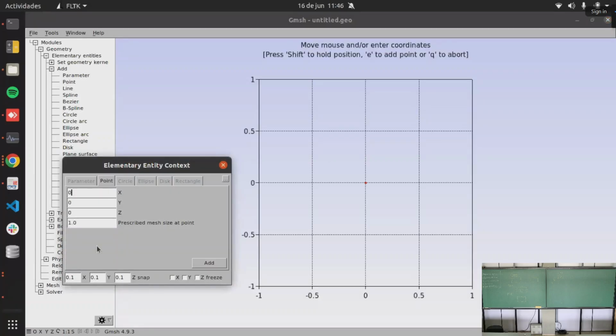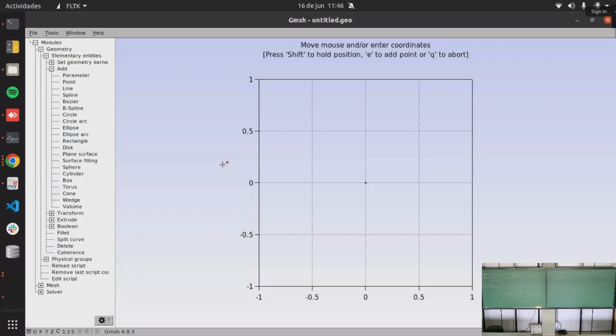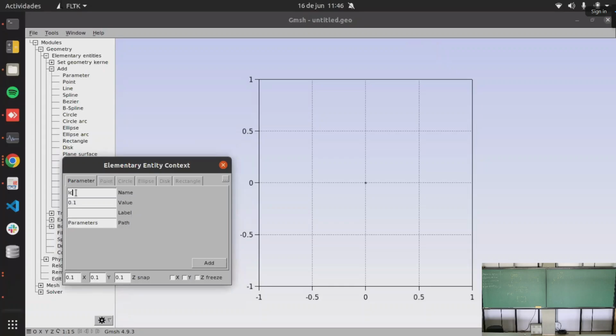We will start adding points like this. That is our initial point, and I would like to create a parameter that will be L, the size of the box.